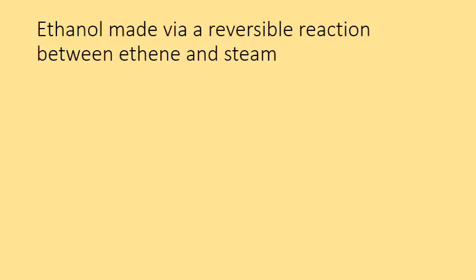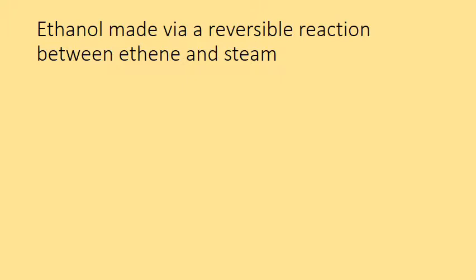Okay, so to illustrate this concept, why don't we look at an actual reaction? It's the reaction that makes ethanol via a reversible reaction between ethene and steam. When companies are making products such as ethanol, there's two things they have to consider. One is the money they're going to get for selling the ethanol, and two is the cost of making that ethanol.